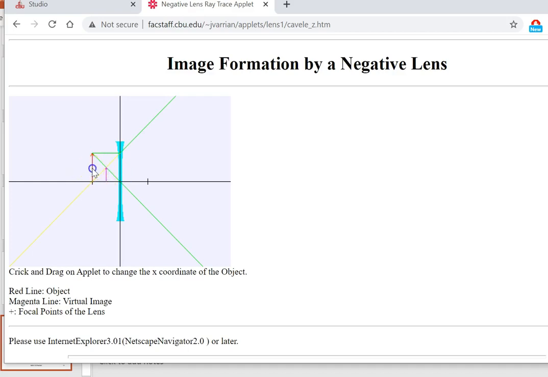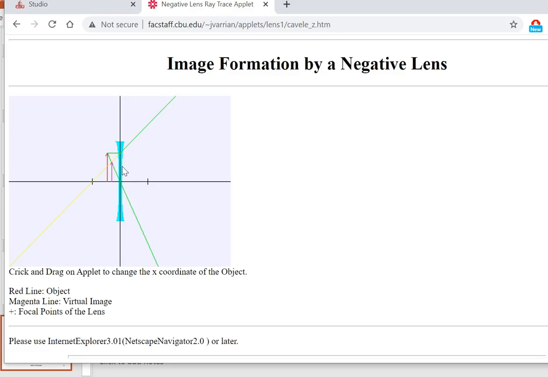Now, if I keep bringing the object inside the focal point, I still keep getting virtual image formation. You see that? So I'm always going to be getting a virtual image where the image is formed between the object and the negative lens. For the positive lens, when we brought that object inside the front focal point, we formed a virtual image instead of a real image, right?